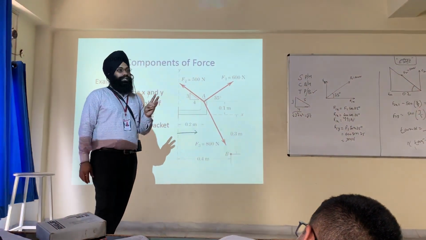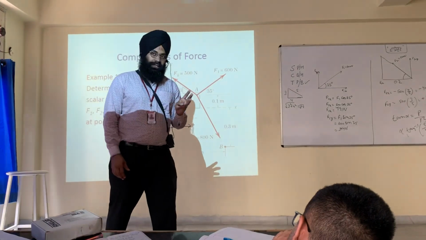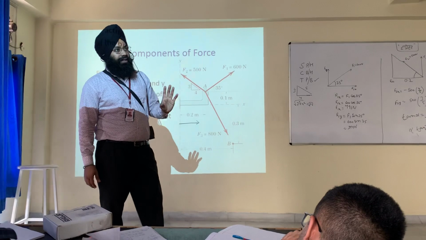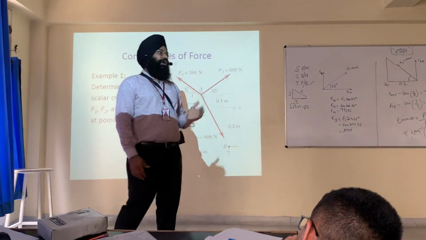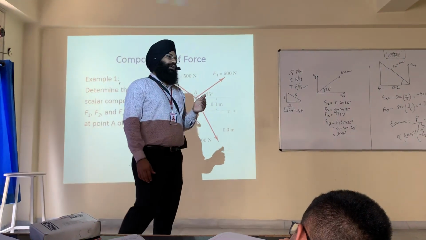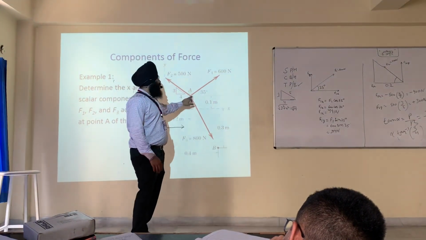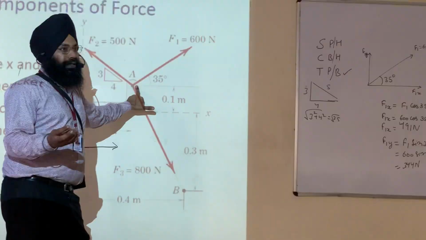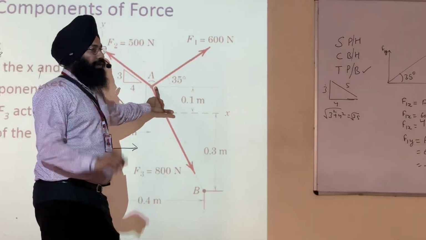For these three forces, the magnitudes given to us are 600, 500 and 800 respectively for F1, F2 and F3. For F1, which is acting at an angle of 35 degrees with respect to the x-axis, we need to calculate Fx and Fy.